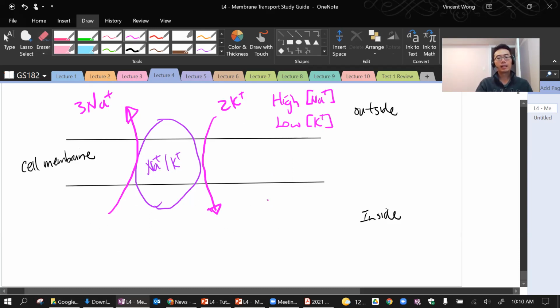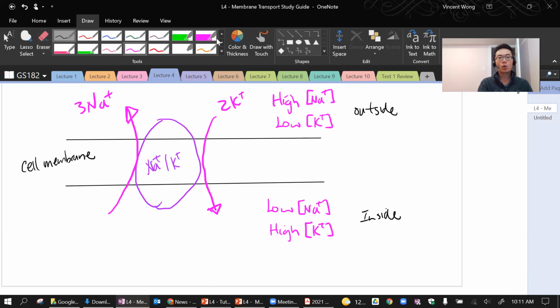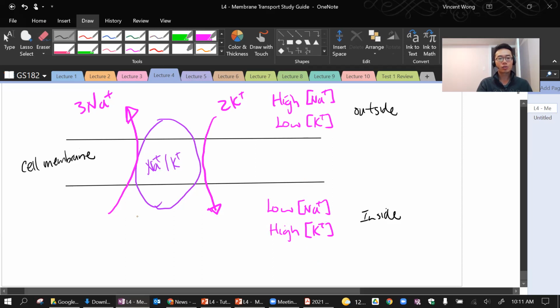On the inside, you would have low sodium and high potassium. So you can see the sodium goes from low concentration to high concentration, and same story for the potassium. This is going against their concentration gradient, which is why this process needs ATP.